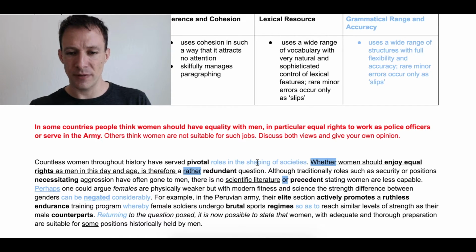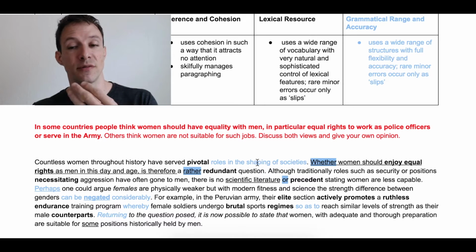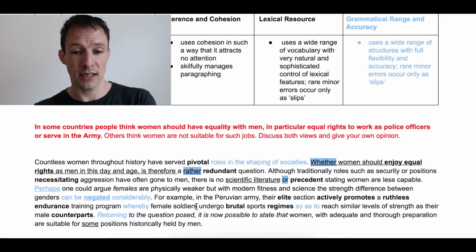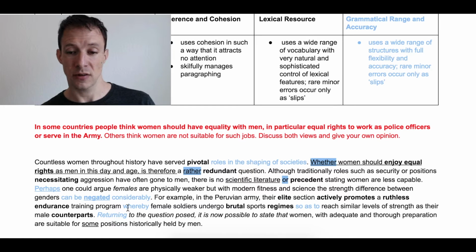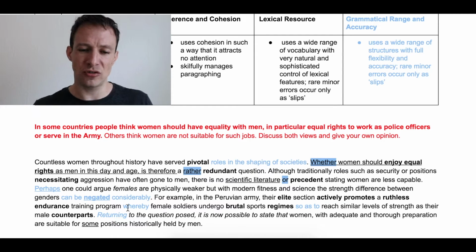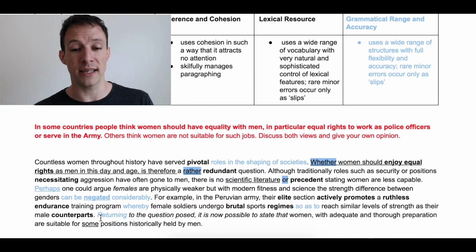Here I've said pivotal roles in the shaping of societies. I'm also using structures such as whereby. So we're using these different structures to boost our score, and it's not the same grammar structure throughout the paragraph. There's a wider range.